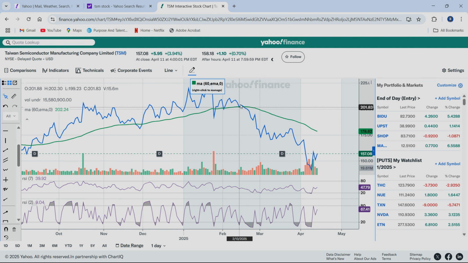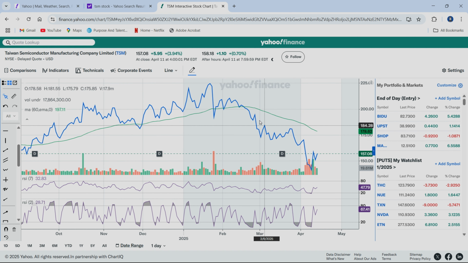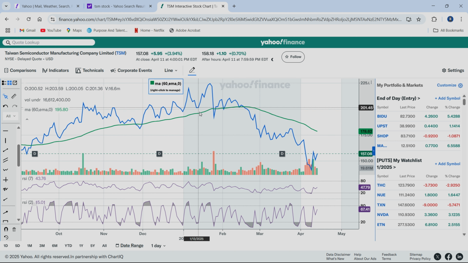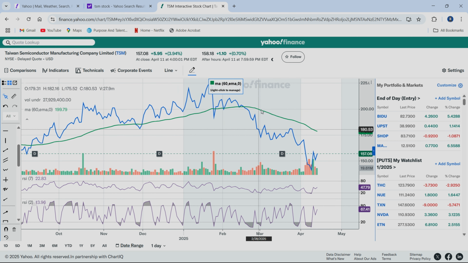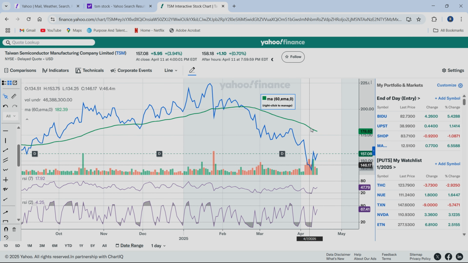If you just simply took the 60-day moving day average, 60-day period, and you took that moving average and you followed it like this, right? Your buy point will be at the moving day average point. You see that?